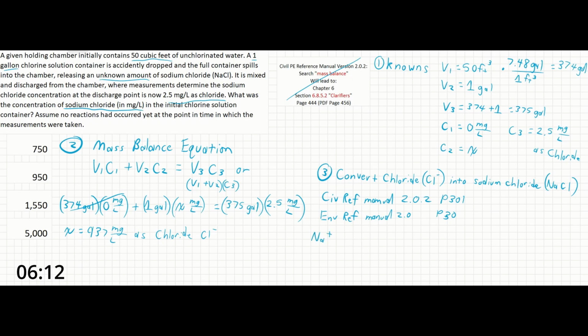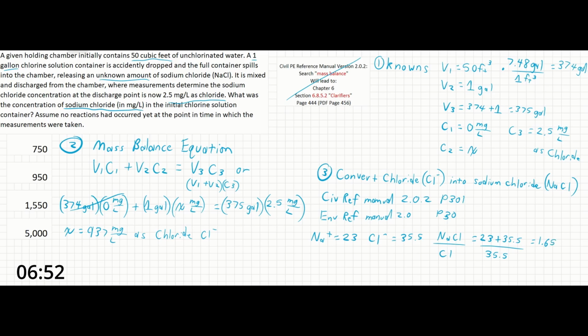So we can see that Na plus has a molar weight of 23, and Cl minus has a molar weight of 35.5. So since we want to convert from Cl to NaCl, we can just construct a simple ratio with NaCl on the top and Cl on the bottom, or 23 plus 35.5 on the top and 35.5 on the bottom, which should simplify down to about 1.65.